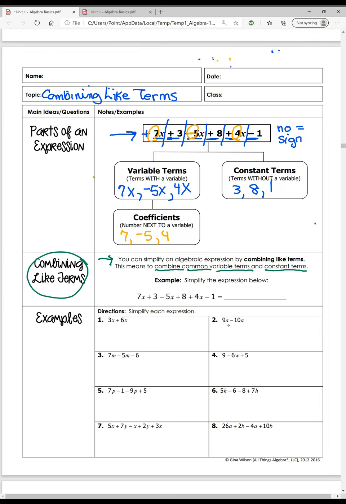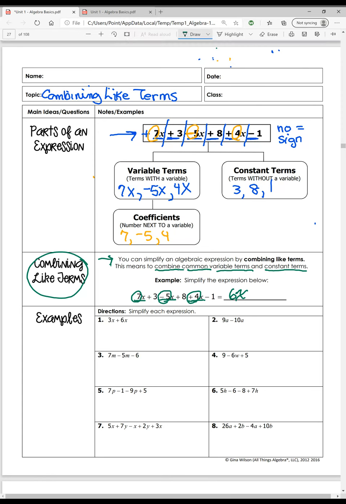I'm going to underline everything that's the same that I need to combine. So I have 7x, that's a like term with negative 5x, and with 4x. So I just add the coefficients in the front. 7 minus 5 is 2, plus 4 is 6, so that gives me 6x.